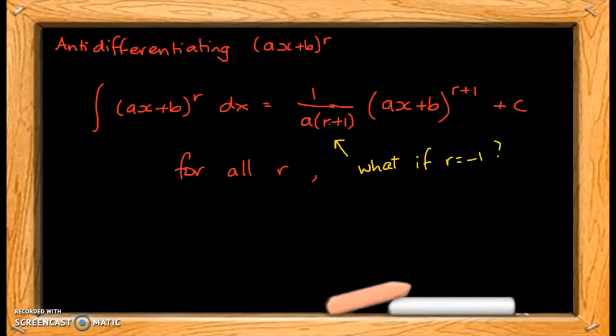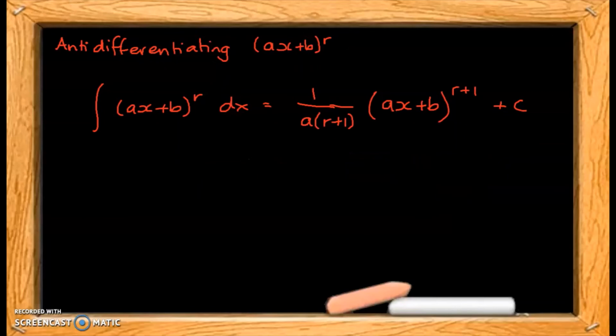Then we're going to have 1 over something times 0, and we'll have much sadness because we can't have 0 in the numerator, in the denominator. But what we'll find is actually that's a special case. So now let's investigate when r equals -1.